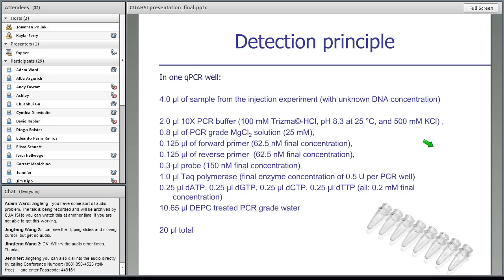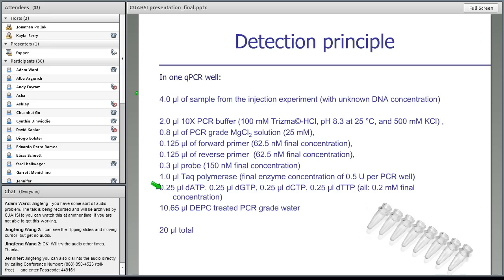So what I add to one, what is called a qPCR well, is just 4 microliter of sample from my experiment or any other sample with an unknown DNA concentration. I add some chemicals, PCR buffer, some magnesium chloride. I add forward and reverse primer and probe.